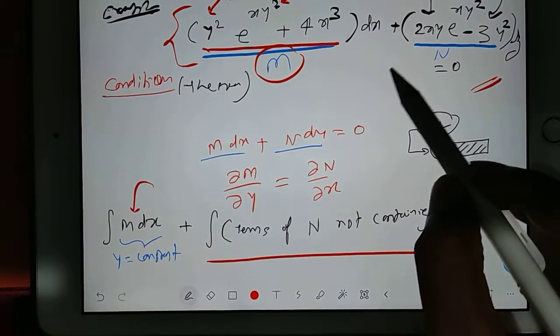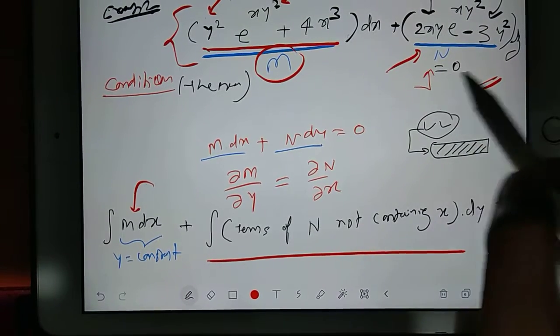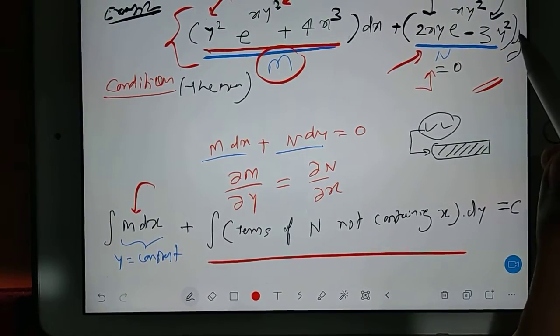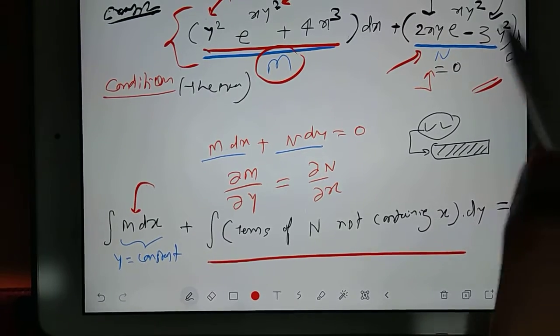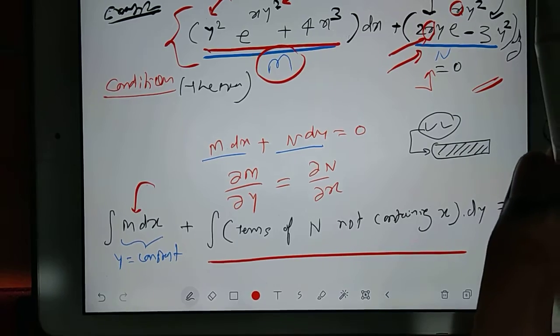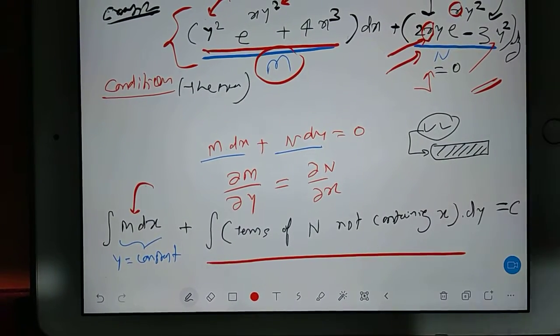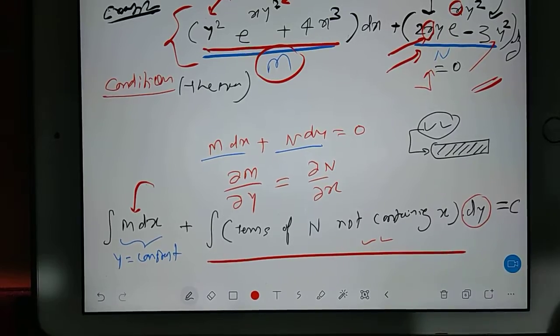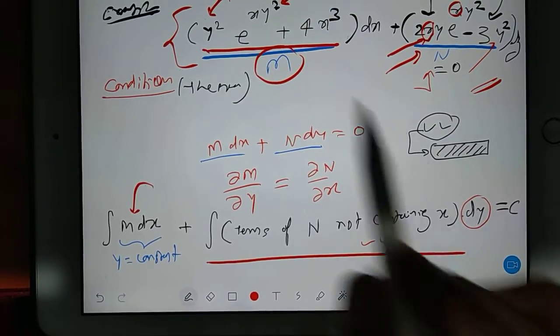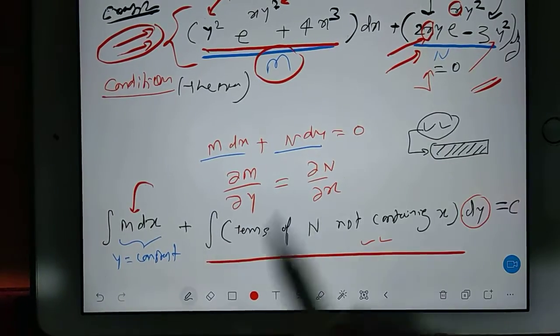In the second part, you see here N. In the N term, you only have to bother about the term which contains y alone, not x. The first term contains x, here also, so the first term you will leave. The second term is pure y, so only the second term you will write here for integration with respect to y. This equation looks bigger, so you have two jobs.